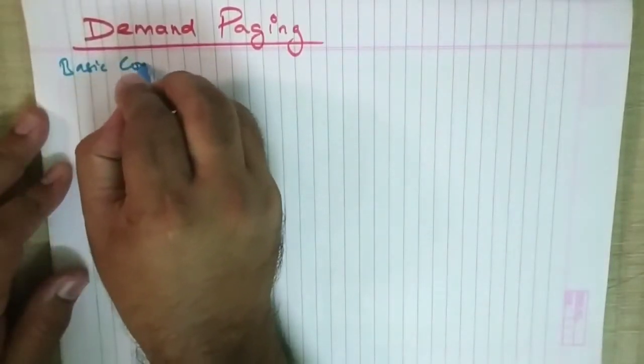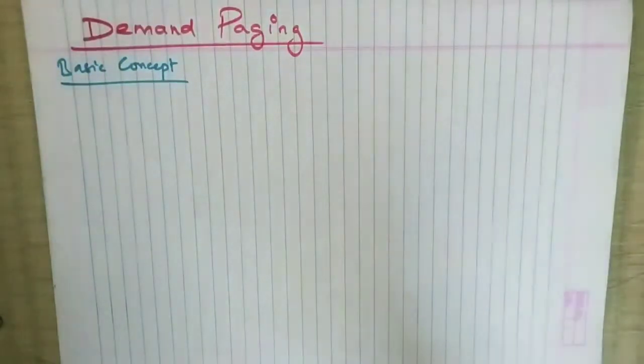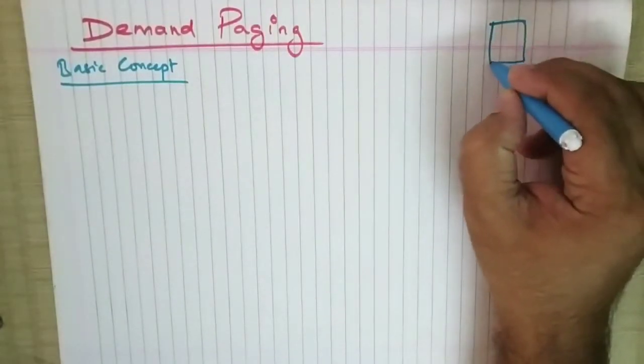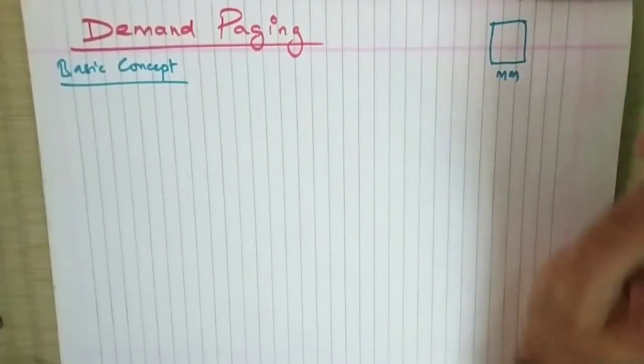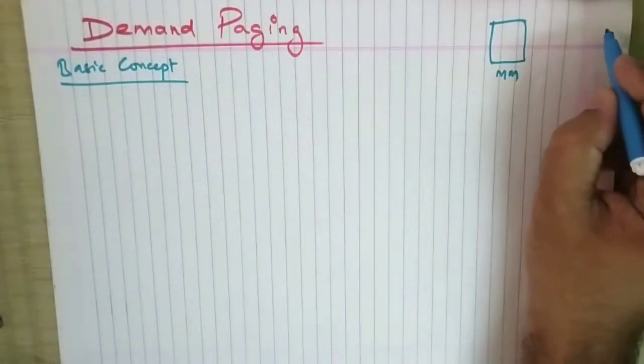The basic concept behind demand paging: virtual memory is part of the secondary memory. Imagine this is my main memory, and this is my hard disk space.